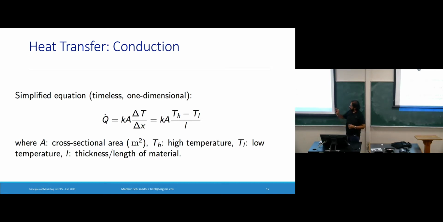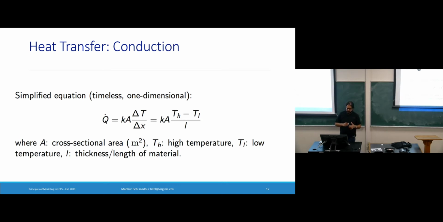Okay, so heat flow is K, which is called the conductivity, a new property of some substance, times the cross-sectional area, times delta T, which is the temperature difference across which conduction is happening, and this is per unit length. So we divide by the depth of this mass as well. Okay, so this is the same equation as before actually. Q is equal to some property times delta T.